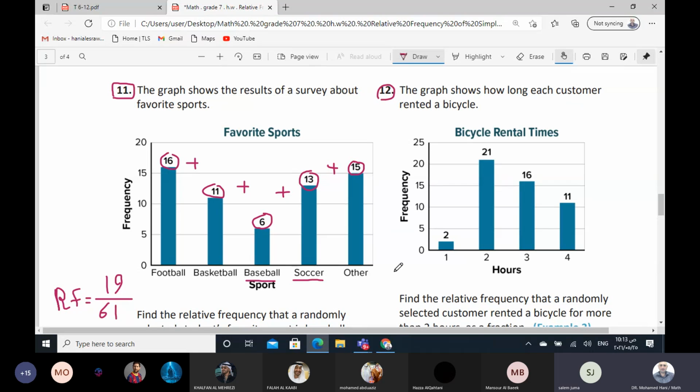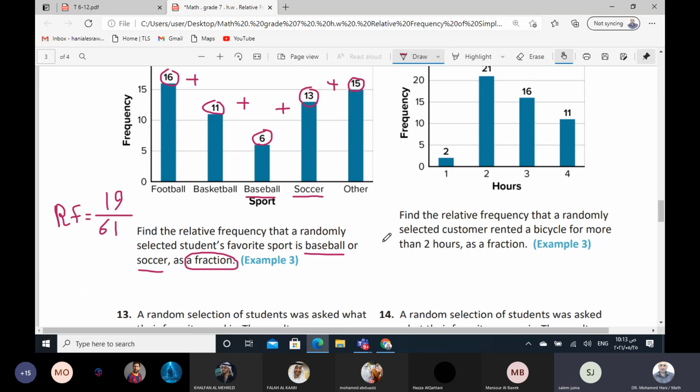The graph shows how long each customer rented a bicycle. Yes, continue.